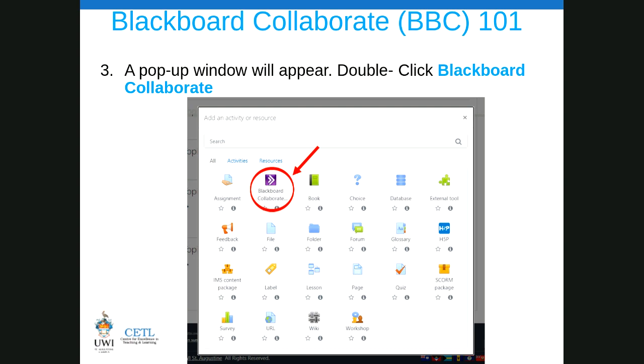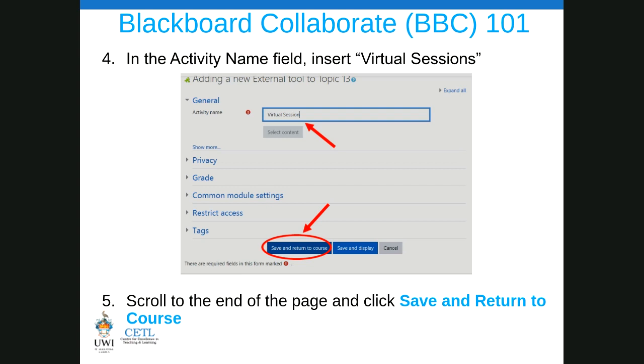When you do, it will take you to a page where you can basically set up your room. Not the session, but the room, which is why you want to call it virtual sessions, because this is like the room that will house all your virtual sessions. It's like a one-stop shop for all the virtual sessions and recordings.